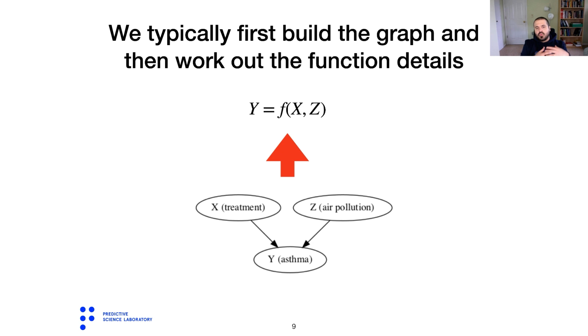Now in practice, the way we build models is the other way around. We first draw a graph that captures what we think about the causal links between all the variables that we have, and then we try to turn all these connections into functions that describe the causal links. It goes the other way around.